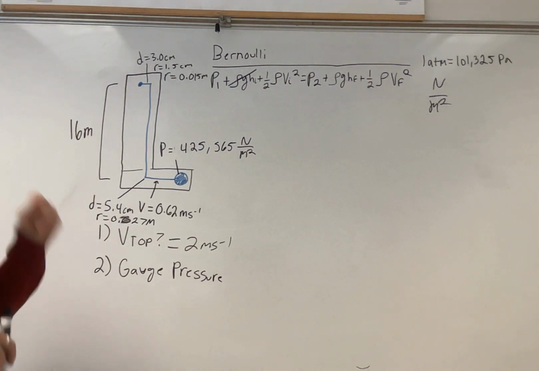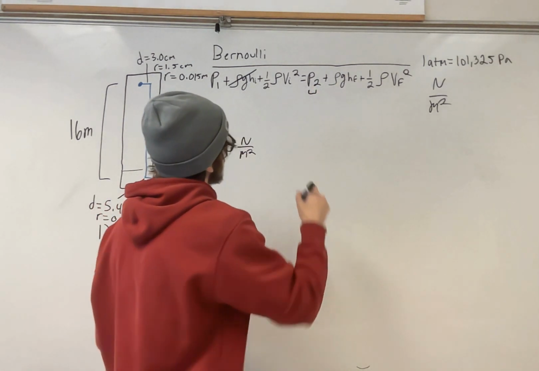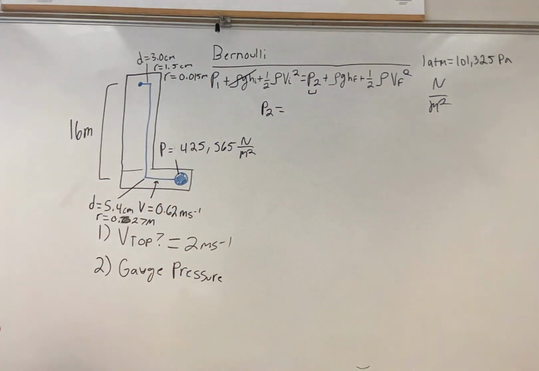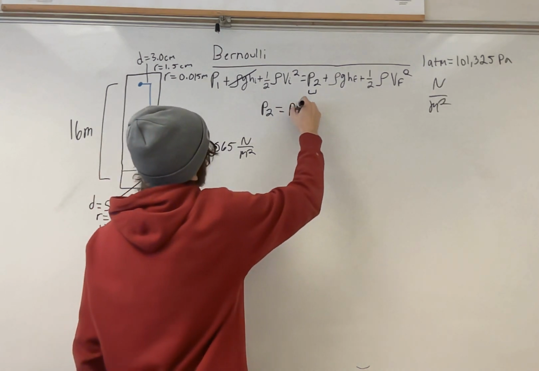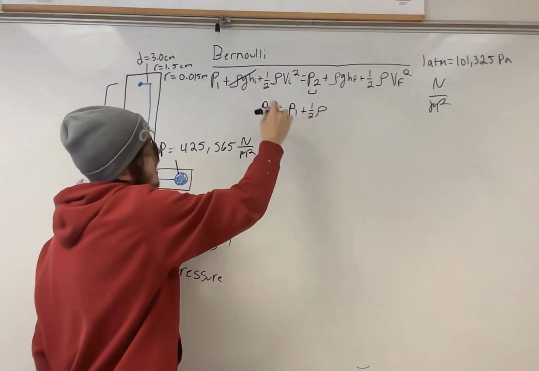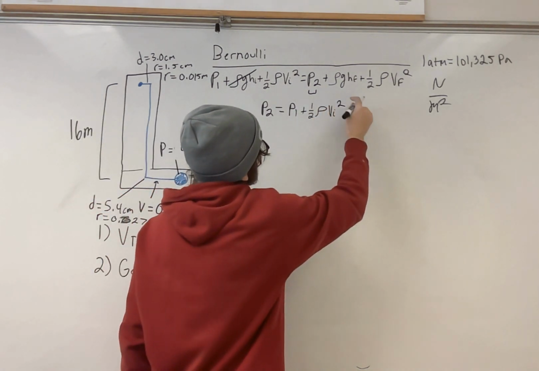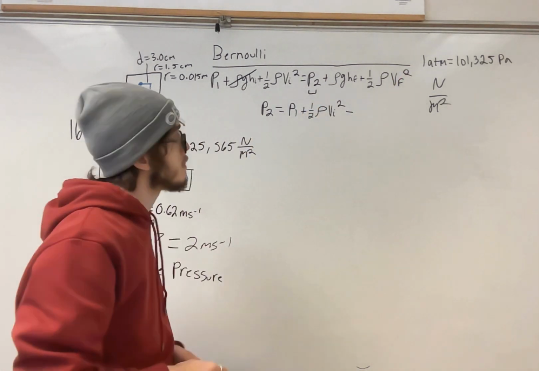Now let's solve for that gauge pressure. So this is what we're solving for. Let's do a little bit of rearrangement of Bernoulli's equation to help us solve for just P2, so this calculation goes by a little quicker. We'll say that P1 plus 1/2 rho v squared, and this is the kinetic energy of the fluid, and then we're going to subtract not only the potential energy, but the kinetic energy term as well.